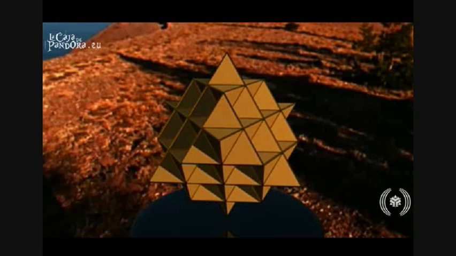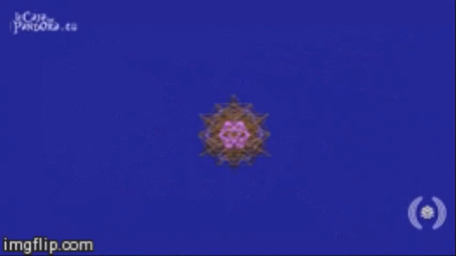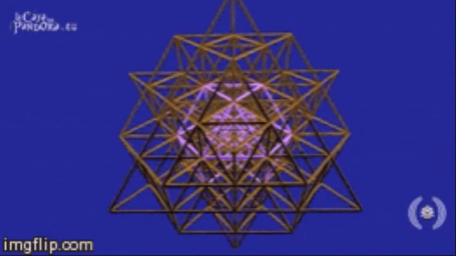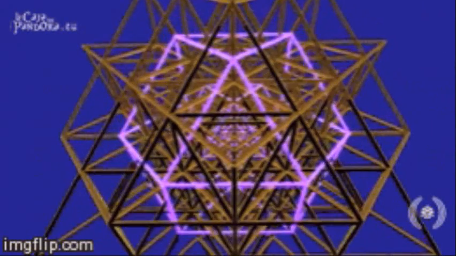In other words, it's just like the cube within a cube, infinitely unfolding in fractals of 3, 6, 12, 24, and so on and so forth. So the vector equilibrium is a vector equilibrium within another vector equilibrium, infinitely unfolding in fractals.